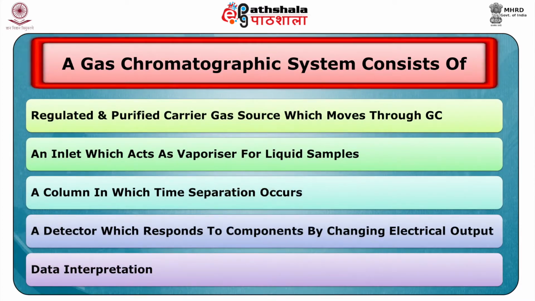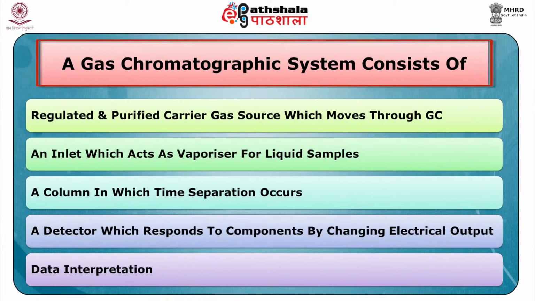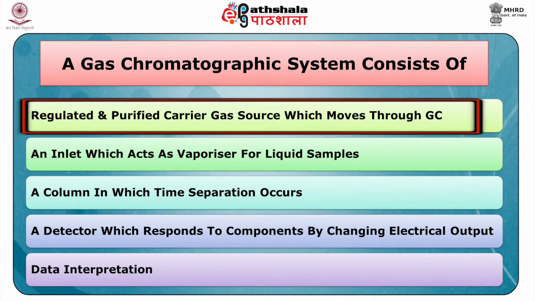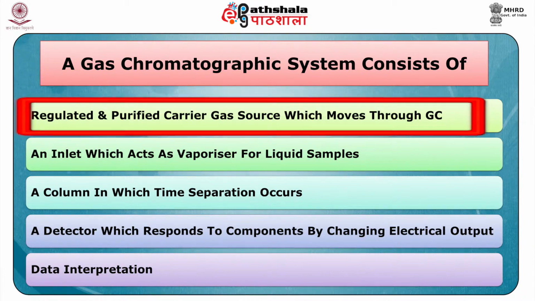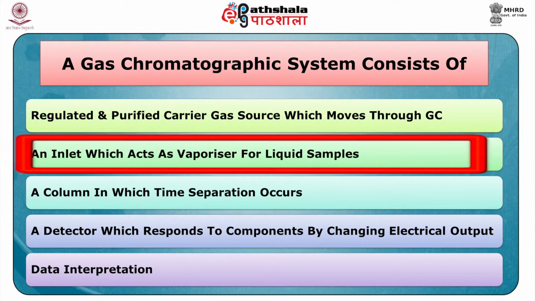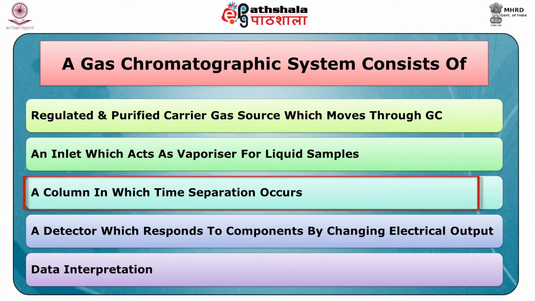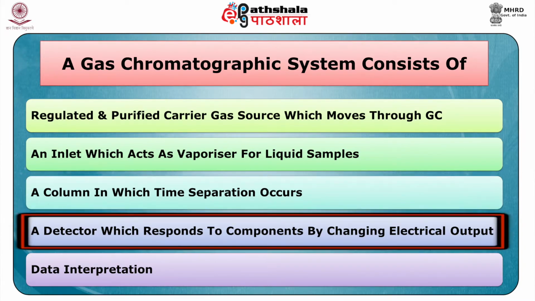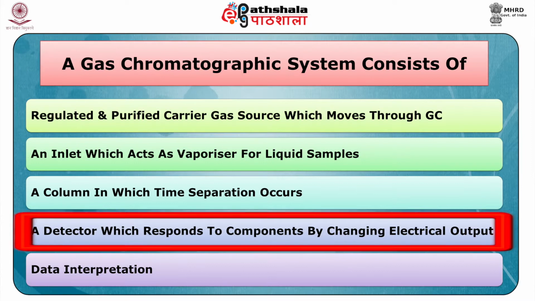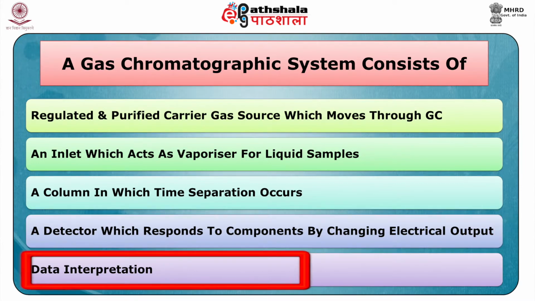A gas chromatographic system consists of a regulated and purified carrier gas source which moves the sample through the GC, an inlet which also acts as a vaporizer for liquid sample, a column in which the time separation occurs, a detector which responds to the components as they are detected by the changing of its electrical output, and then data interpretation of some sort.